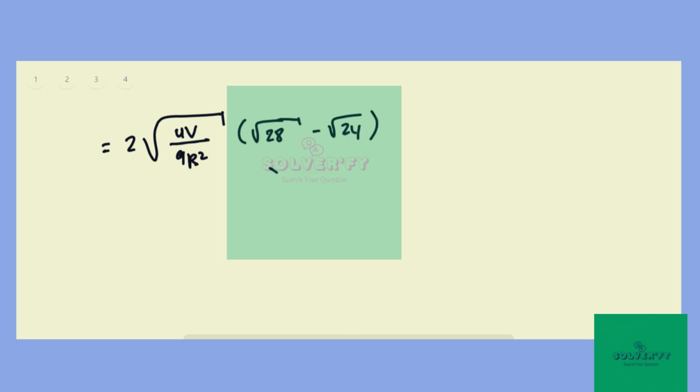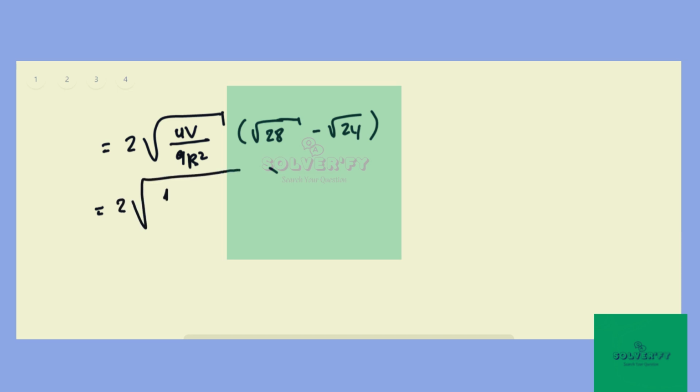So if that is the case, then 2 times the square root of uV over qB squared is going to be multiplied by the square root of 28 minus the square root of 24. We already put the u here, we don't have to repeat that. Then we plug in for u.